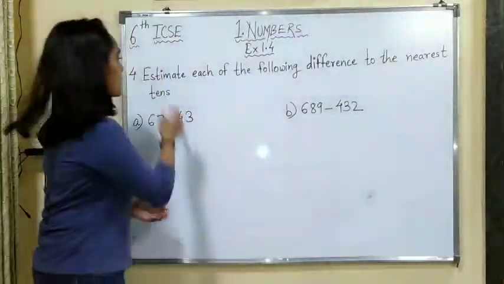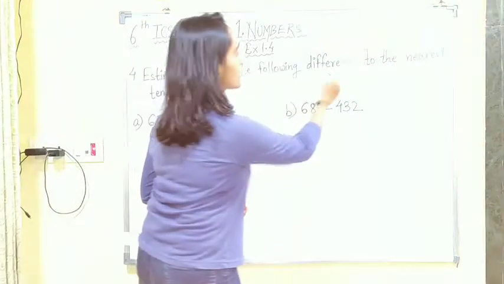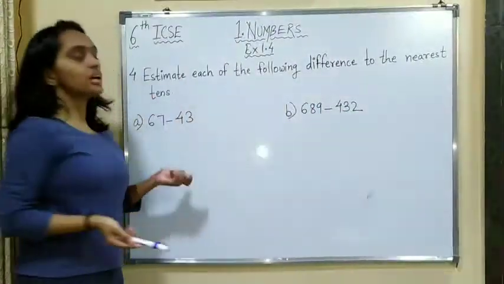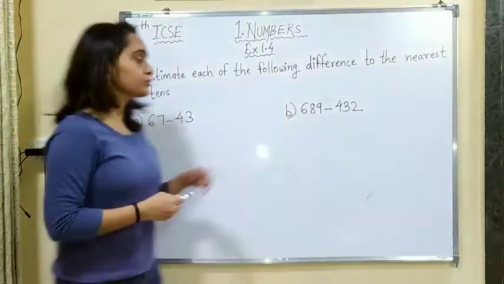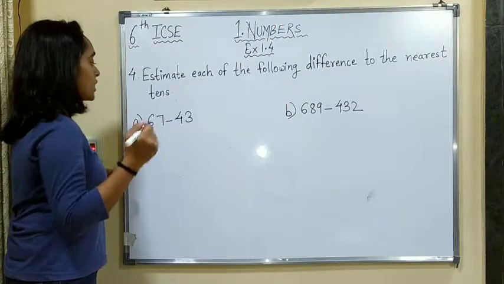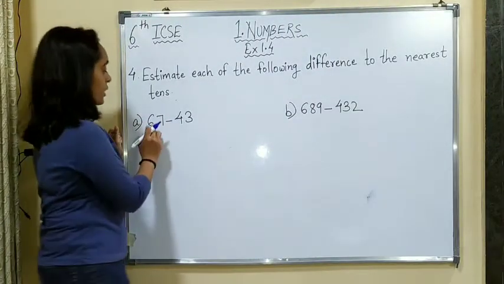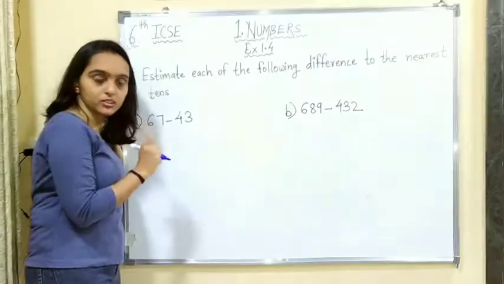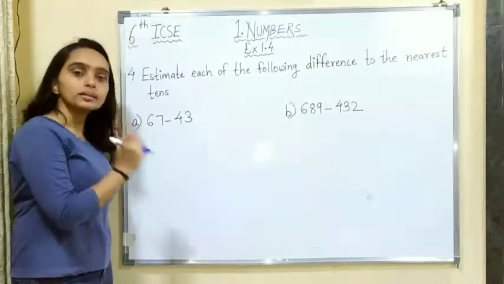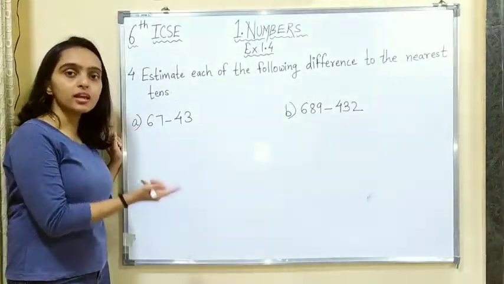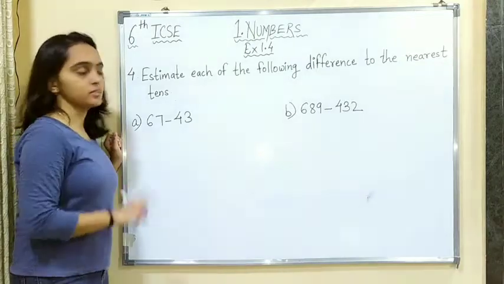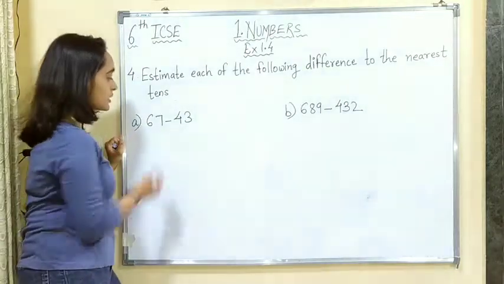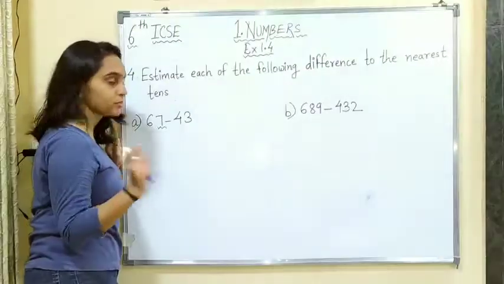Fourth question says, estimate each of the following differences to the nearest tens. So here the difference sum is given. Okay. So here we have to estimate the given numbers to tens place, and then we will subtract the given numbers. So here 67 is there. So we will see the number at the units place.